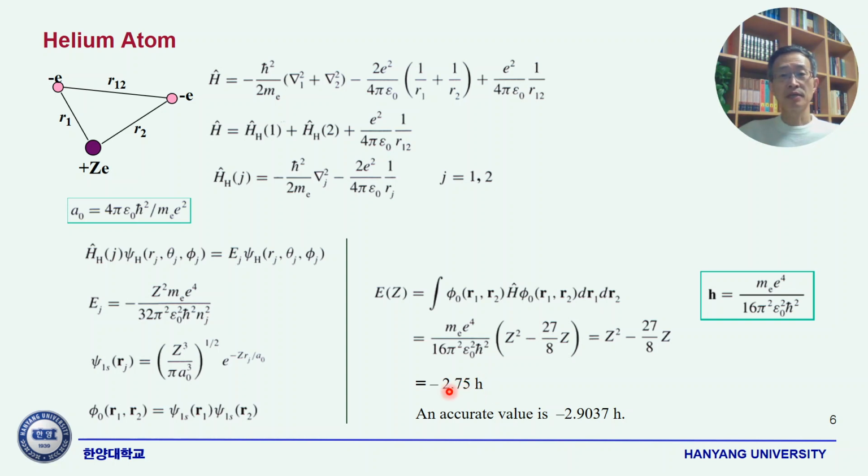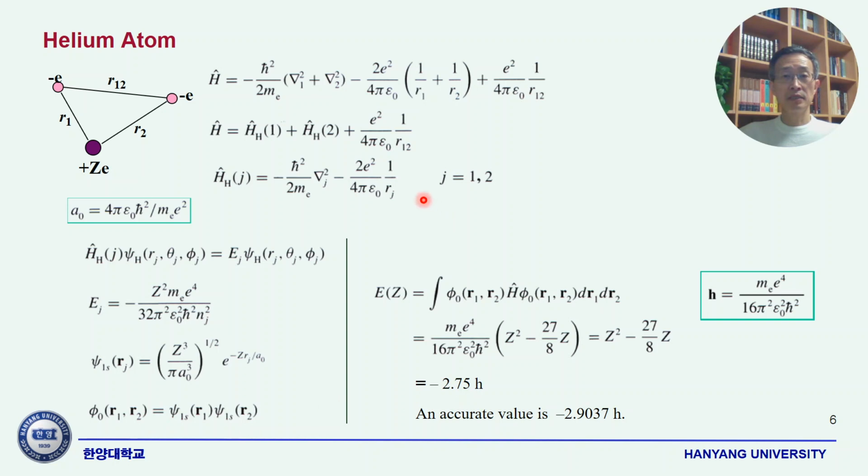Anyhow, this is minus 2.75 Hartree, but the energy as measured by experiment is accurate, and the accurate value is negative 2.9037 Hartree. So there is that much discrepancy. Maybe it's not that big, but it's really big because Hartree is a very big unit.